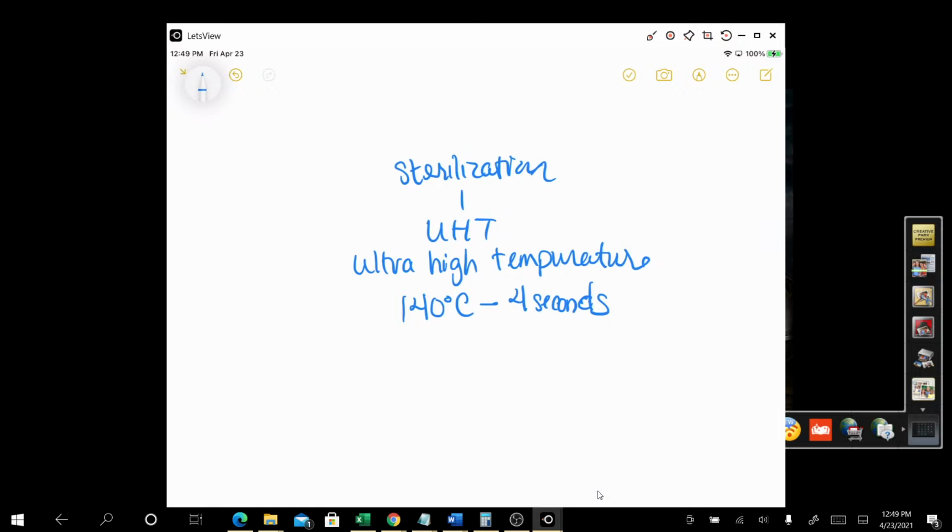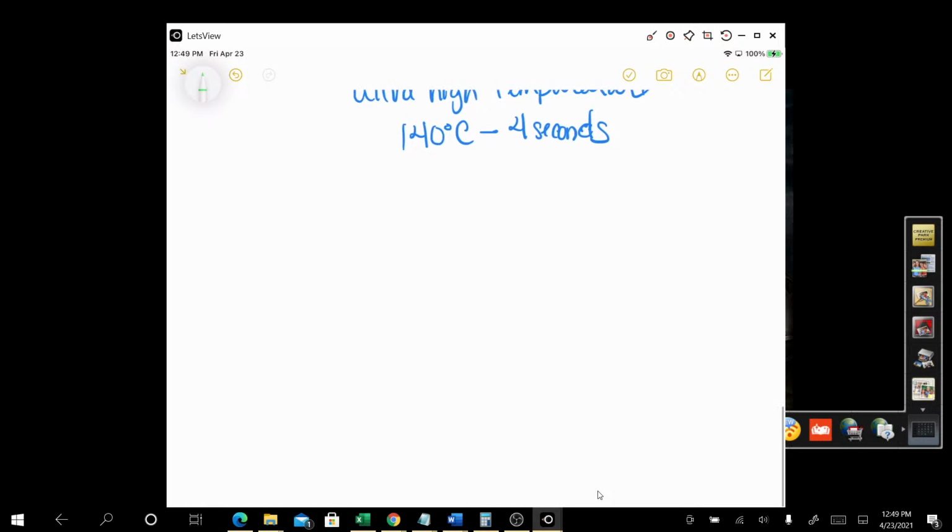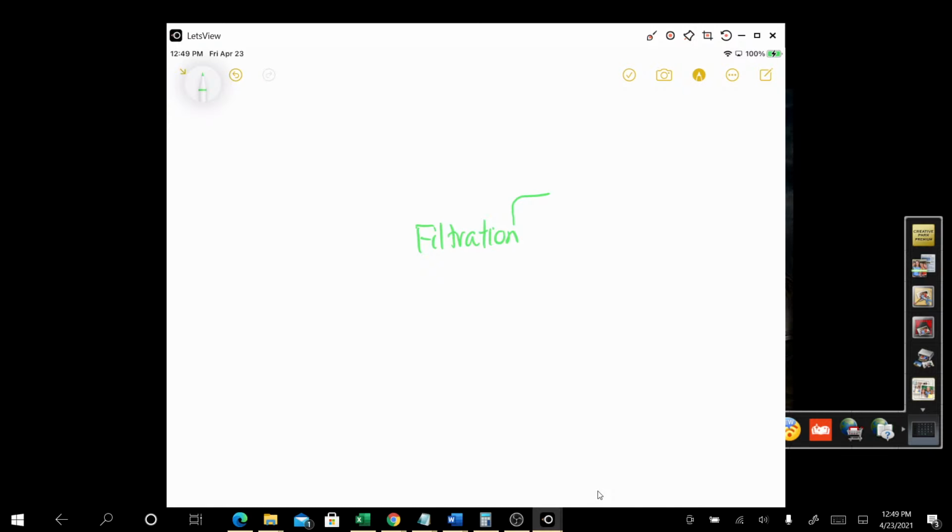And our last one is filtration. So we have filtration. And with filtration, it is used when we don't want to use the UHT treatment or moist heat treatment or pasteurization.